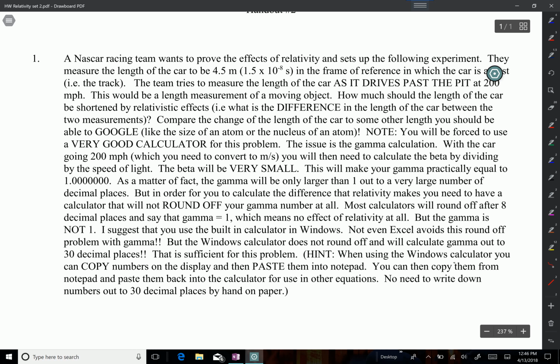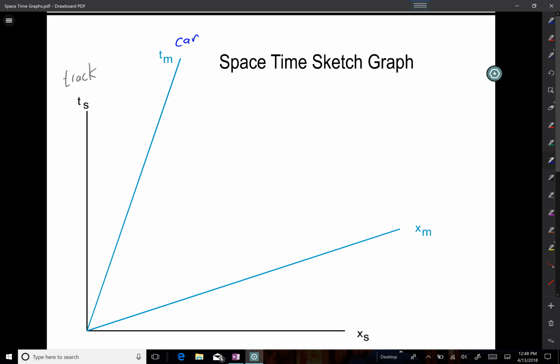In the reference frame of the track, the car is moving around the track, okay? And in its own reference frame, the car is not moving. So we're going to put world lines there's one world line. There's another world line. And these represent the front and the back of the car.